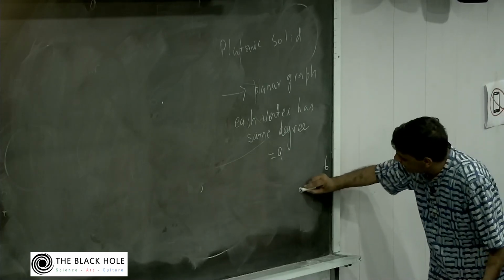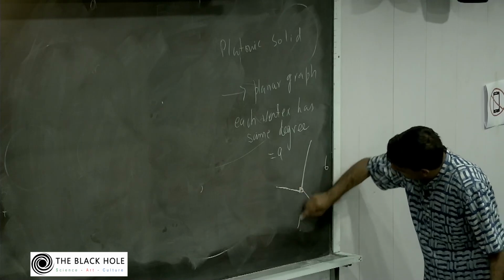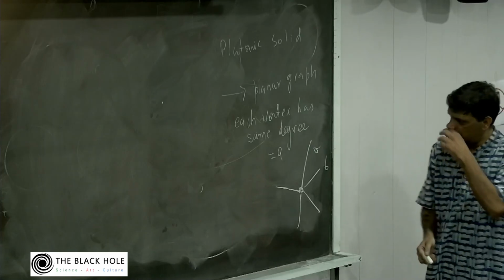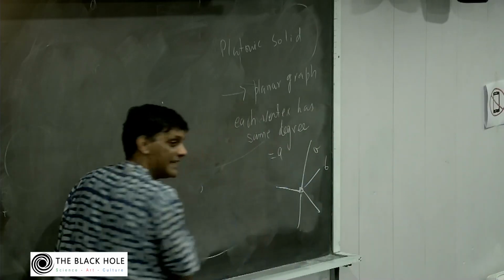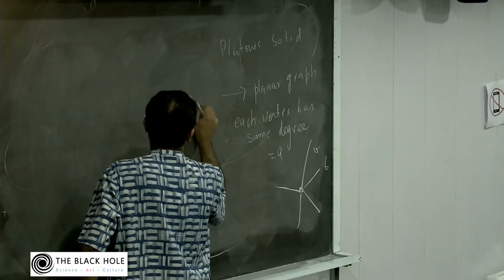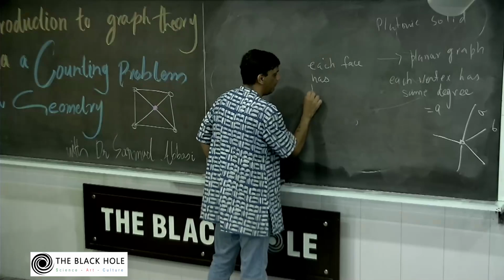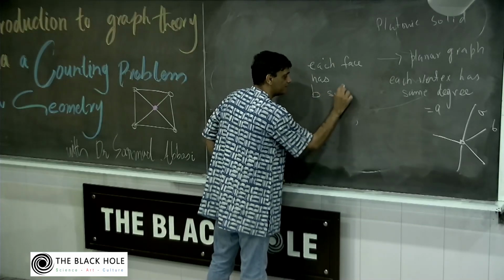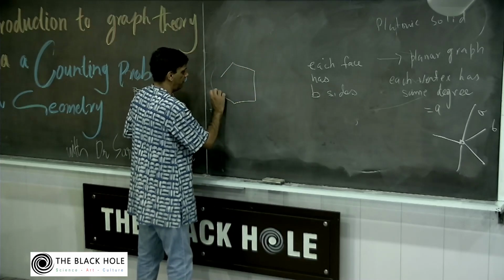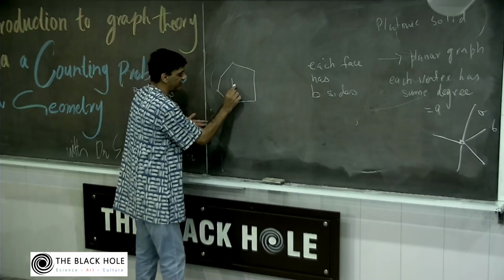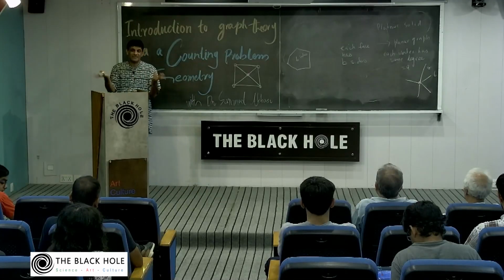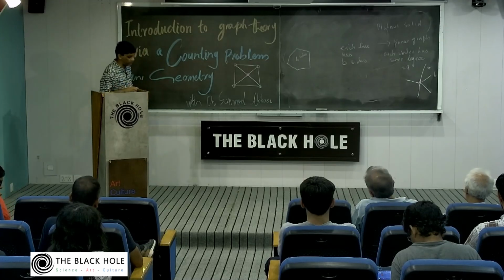Okay, so each vertex has to have A things coming out of it or coming into it, however you want. And each face is identical, all right, so each face has B sides, let's say. Okay, so here's your face, and so it has B sides, right? And not only that, they have to be identical, and we're not going to worry too much about that, right?